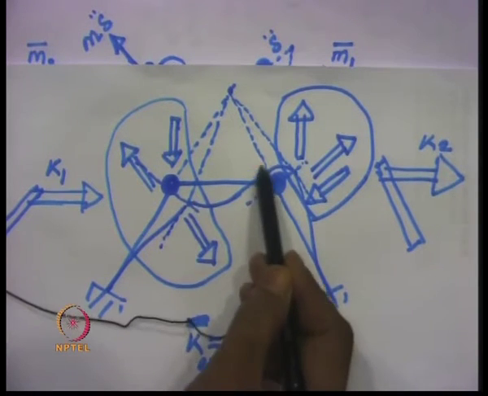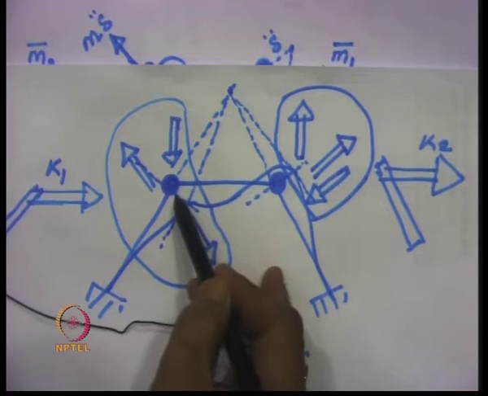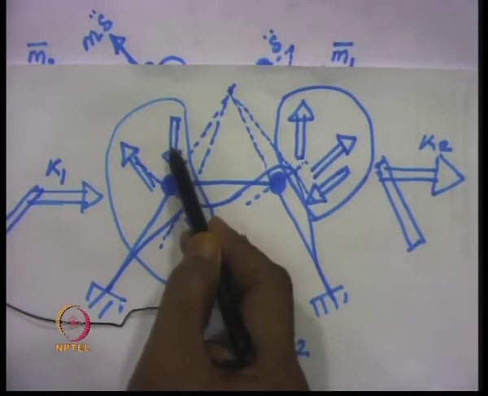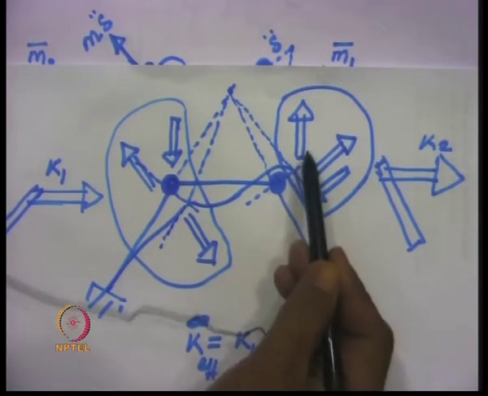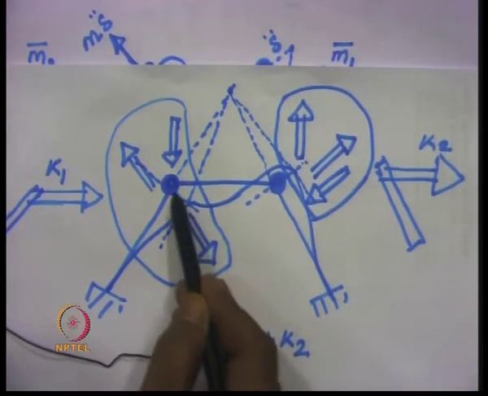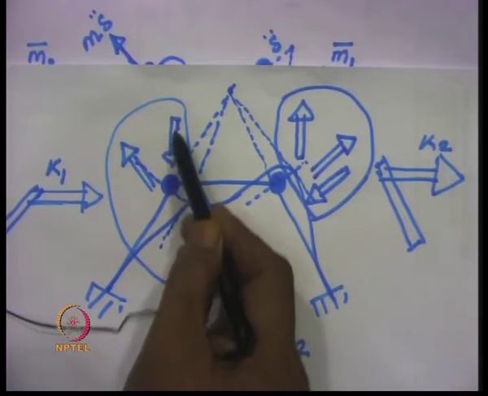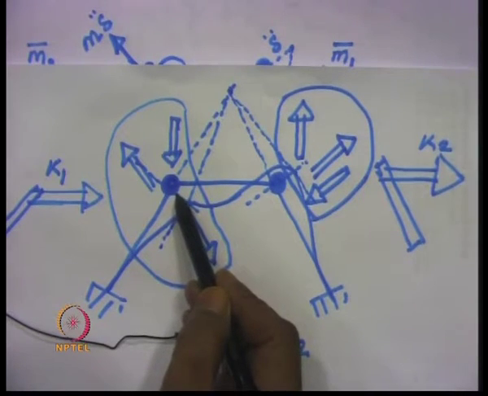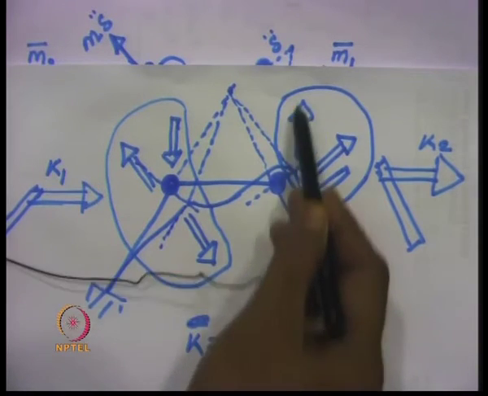Because of this rotation at these two points, there will again be a shear force acting in this direction and in this direction. So, in the beam finally we will have a shear force acting in this way and in this way.